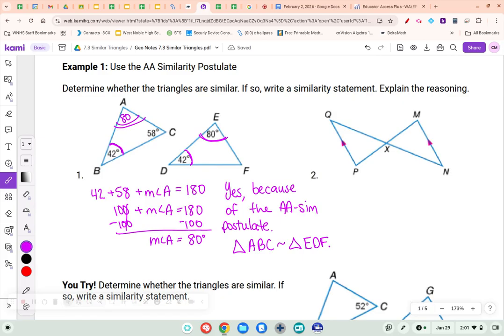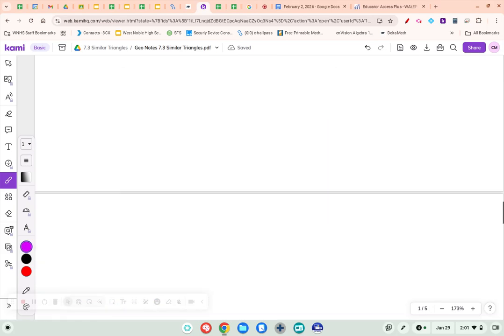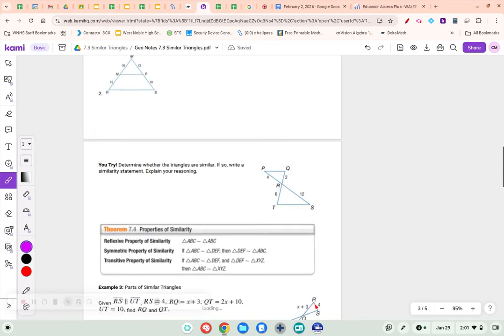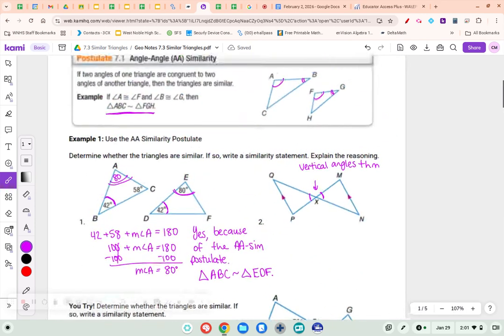Second question. I notice that these two angles are vertical to each other. So this is the vertical angles theorem. So I know that they are congruent, so I marked them congruent. Ooh, I also notice that I have two parallel lines.